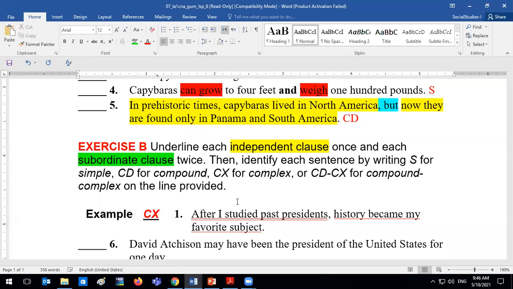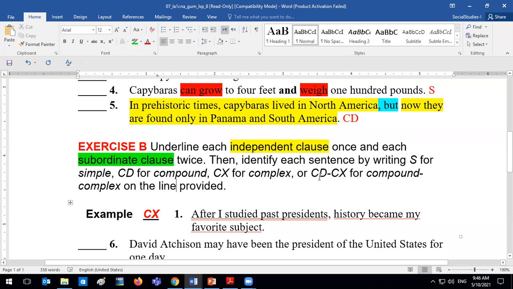So now we're going to include all four sentence structures. Remember, a complex sentence means that you only have one independent clause and you can have more than one subordinate clause. Remember also that subordinate clauses start with a subordinate conjunction or a relative pronoun.